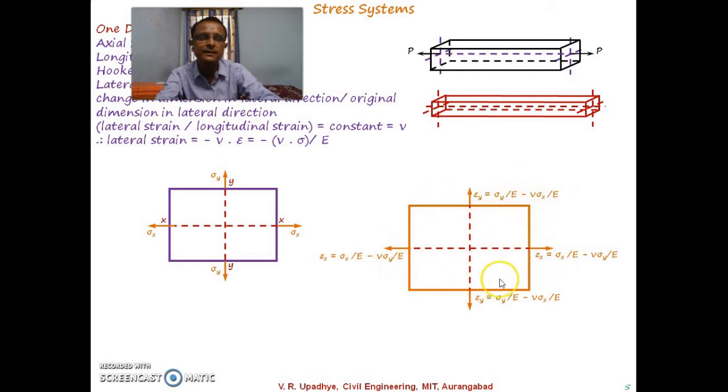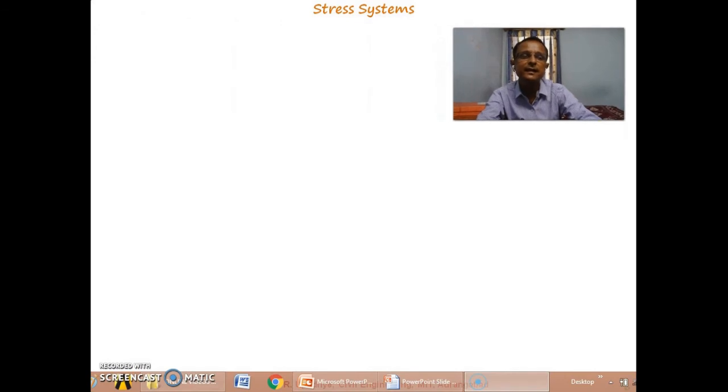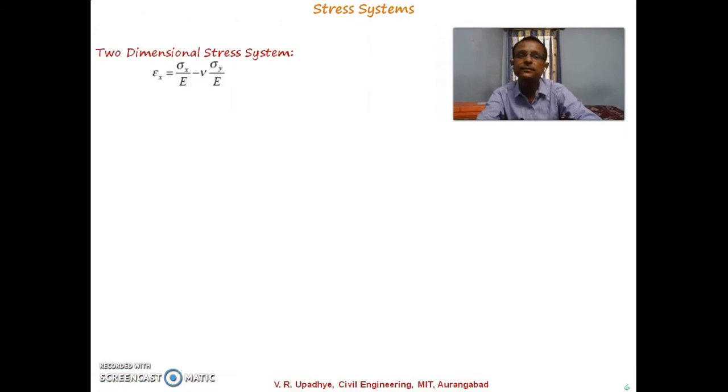Now this is the system called a two-dimensional stress system. For it, epsilon x will be sigma x divided by E minus mu times sigma y divided by E. What is the meaning of this?